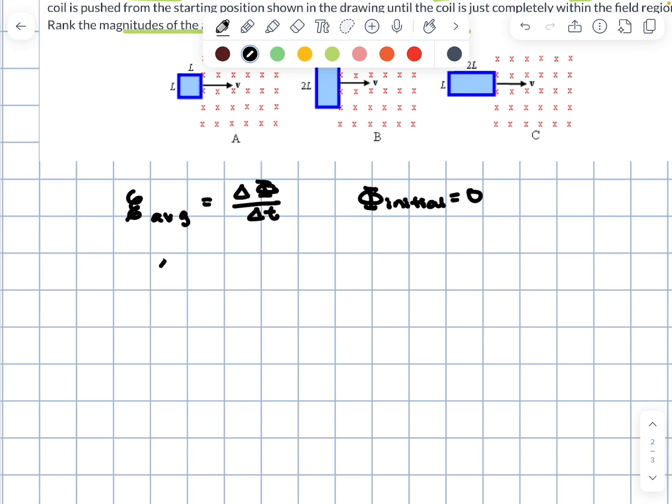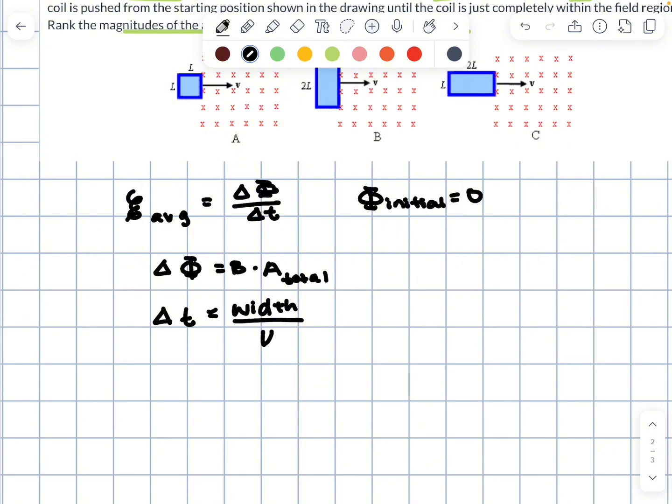And then that can be seen through this equation: the change in flux is B times the total area. And the time it takes to completely enter depends on the width of the coil, which we're going to model using this equation, delta T equals the width of the coil over velocity, okay?